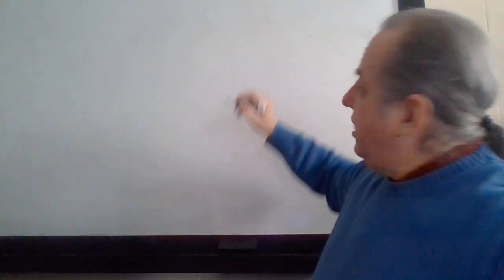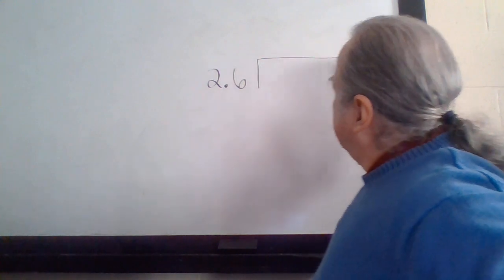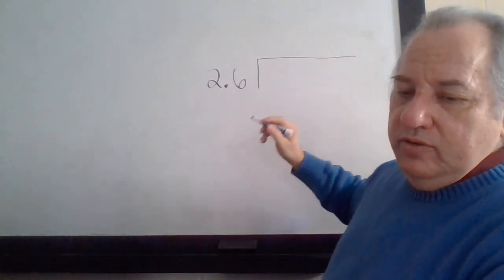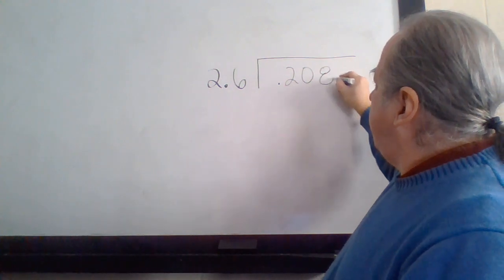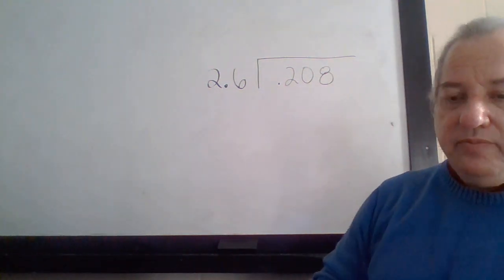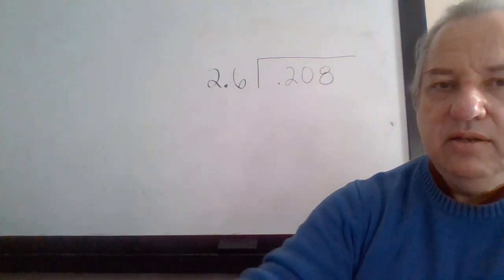And then you can pause the video because I'll immediately go into this solution just like you did last time. So here's the one I'll have you try: 2.6, and we're dividing that into 0.208. So pause the video, work on that one, and then come back and get the answer.